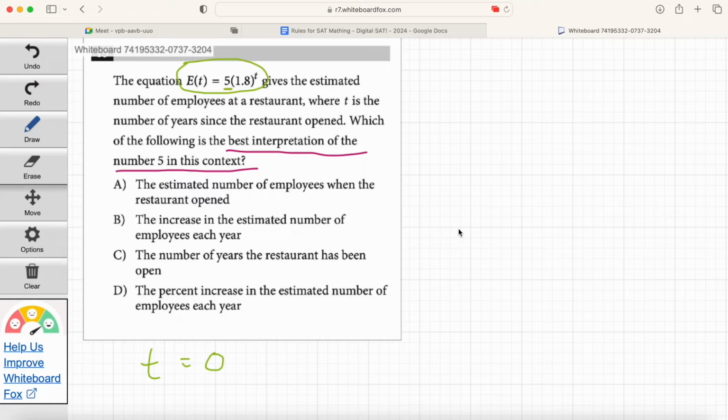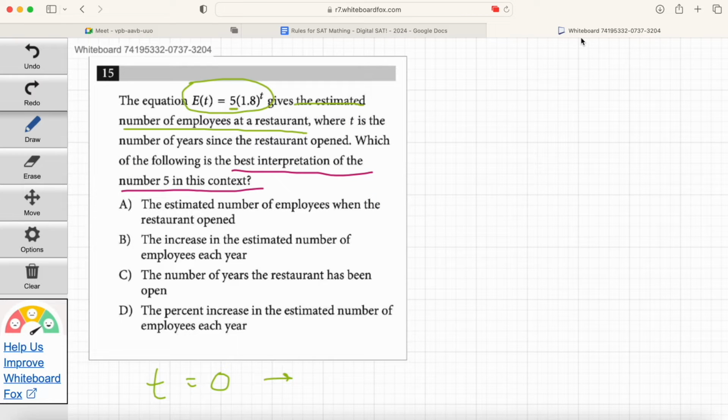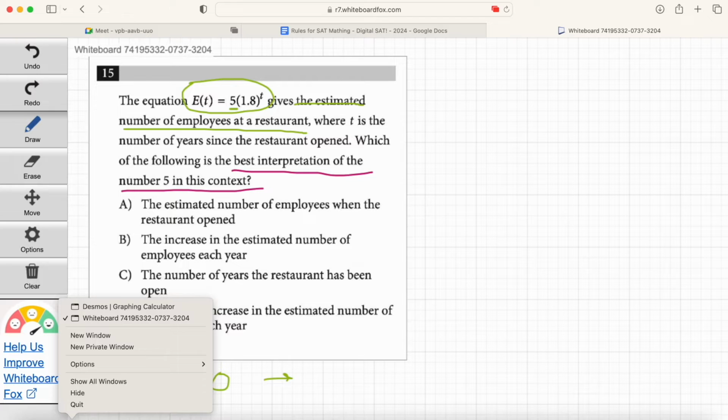And if we plug in a 0 for t, what do we get for E? And E is going to give us the estimated number of employees, right? When t is 0. Does that make some sense? Yes, I think so. Okay. So let's plug in a 0 for t. Here I'd use the Desmos calculator. If you know how exponents work, you might be able to do it mentally, but let's not mess around with it.